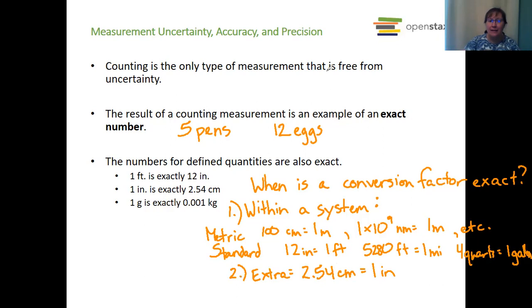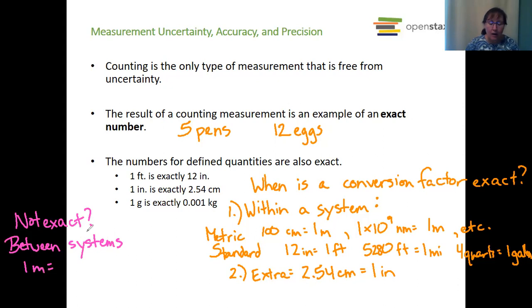Okay. Now, when are they not exact? Basically, except for this one that I just put down, 2.54 centimeters is 1 inch, they're usually not exact when they are between systems. Okay, so an example of that would be that 1 meter is about, pretty close, but about 1.0936 yards.